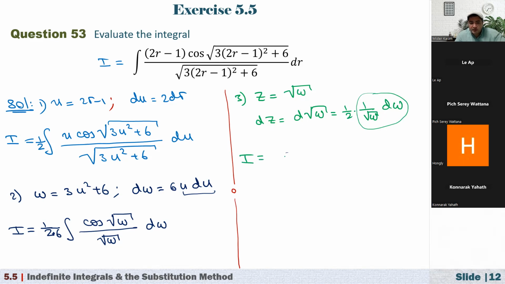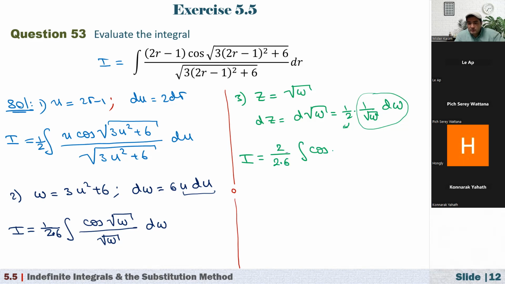Then our integral becomes 1 over, and here we have, let's say this 2 times 6 times, and here we have 2, right? So 2 goes here, okay. Because dw over square root of w is equal to 2 times dz. So here we have 2 and integral.